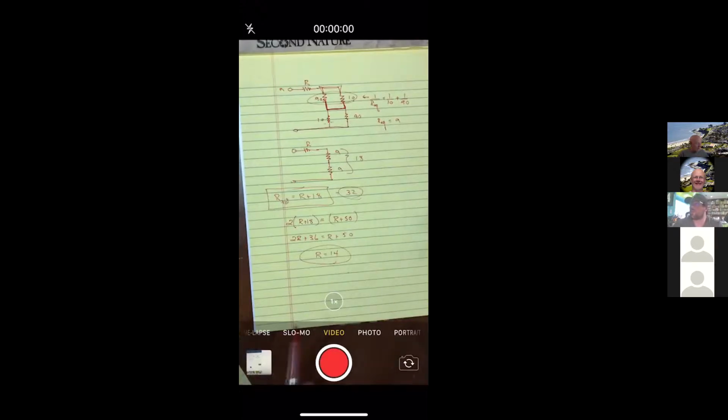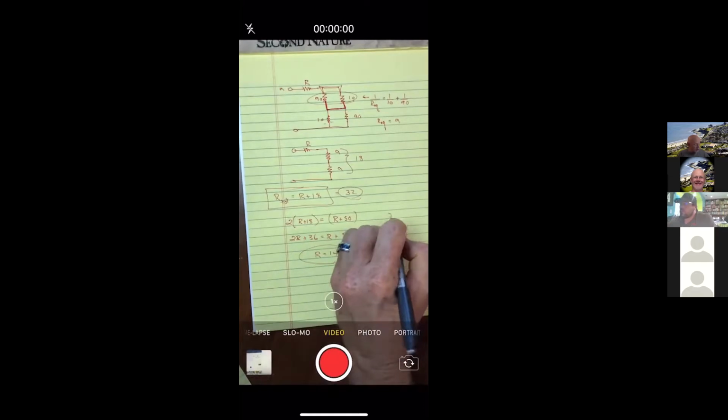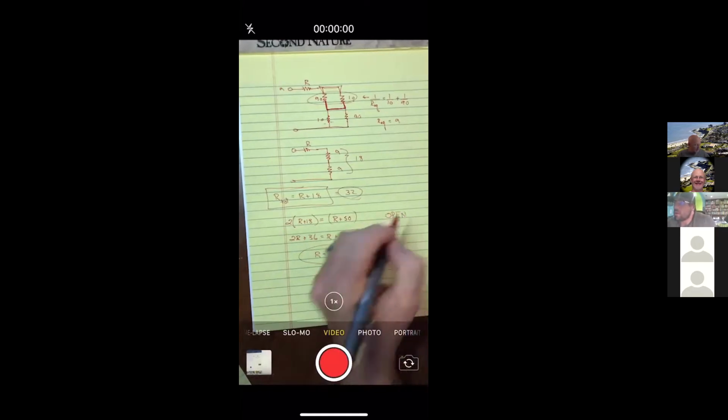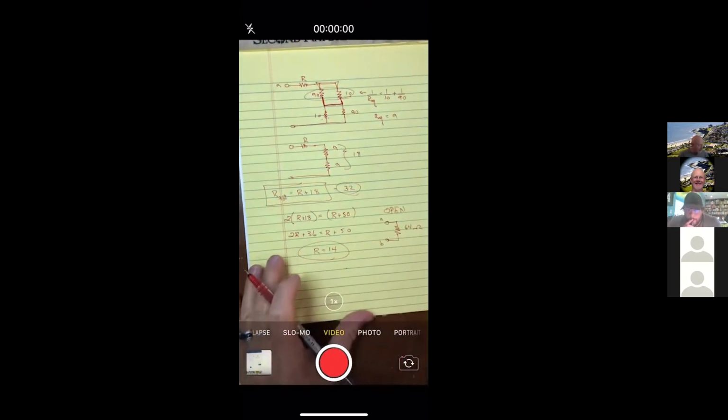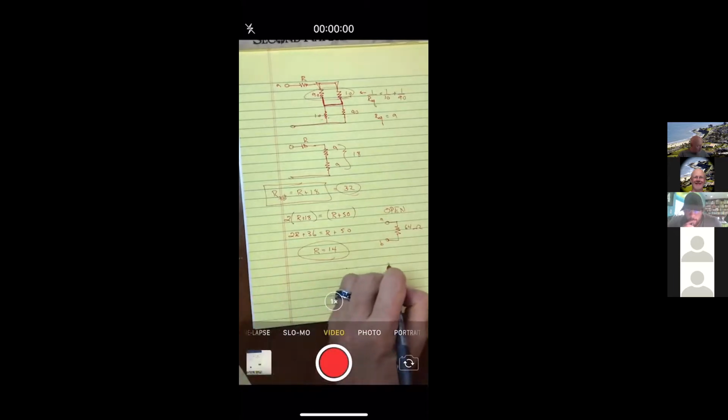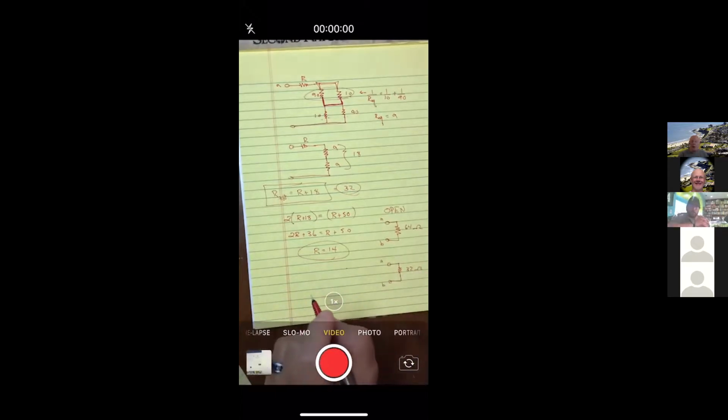So I guess in summary, if the switch is open from A to B, there would be the equivalence of 64 ohms. And then when somebody pushes the button in, then the resistance changes to 32.